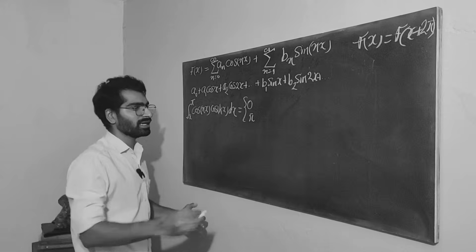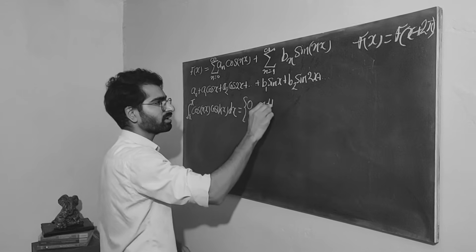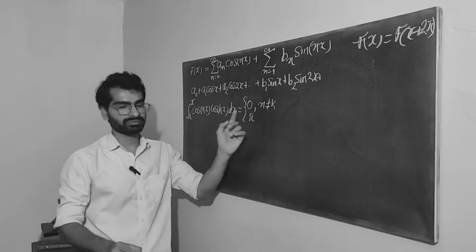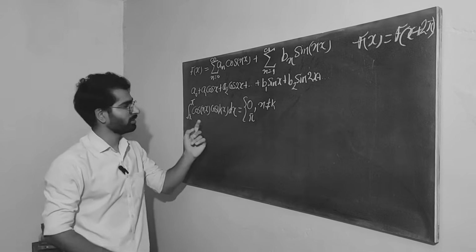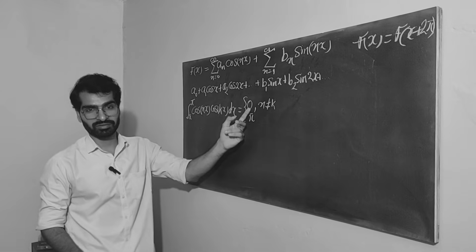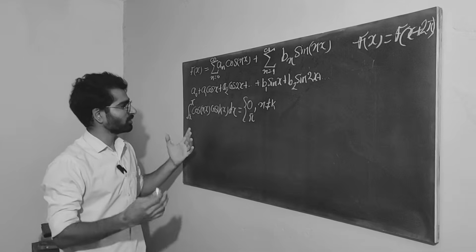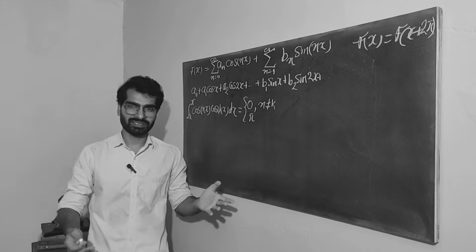It depends. If n is not k, it gives you 0. If n is 5, k is 7, gives you 0. If n is 11, k is 15, again gives you 0. And so we say these cosine waves are orthogonal to each other.